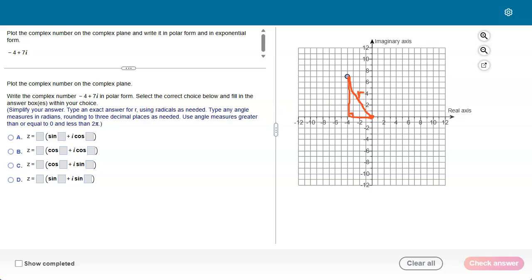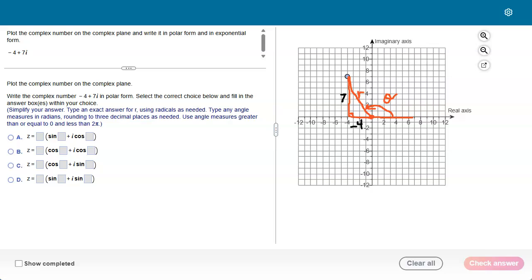That r is the same value r that we would end up writing inside of one of these answer choices. Not necessarily that one, but it would be here in the front of that expression. Theta is the angle between the polar axis and that side. So we need to just find this value theta, and at that point we'll have the information we need to put into the correct form for polar form.